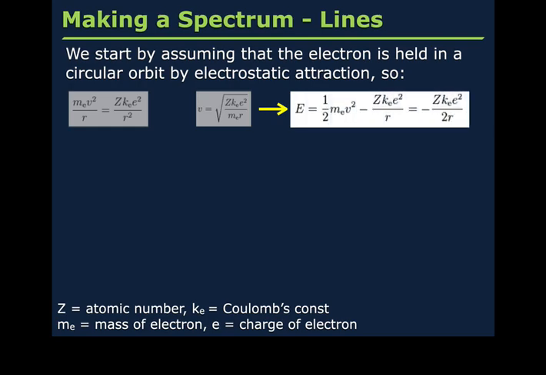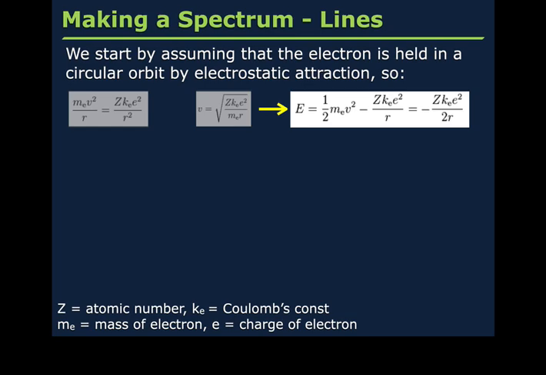With the velocity and the equation for kinetic energy, we can just say E equals 1/2 m sub e, the mass of the electron, times v squared, the electron's velocity, and determine the electron's total energy at any radius. So this winds up giving us an expression for the electron's energy at any given radius in the atom.